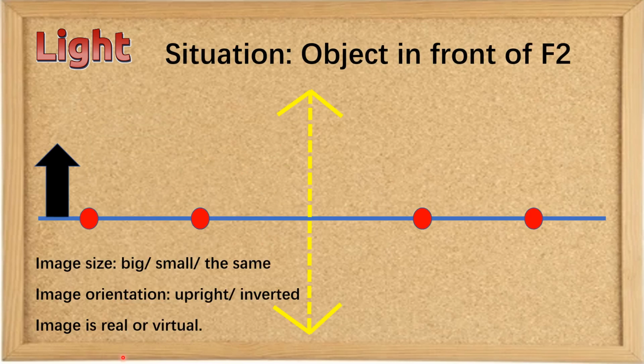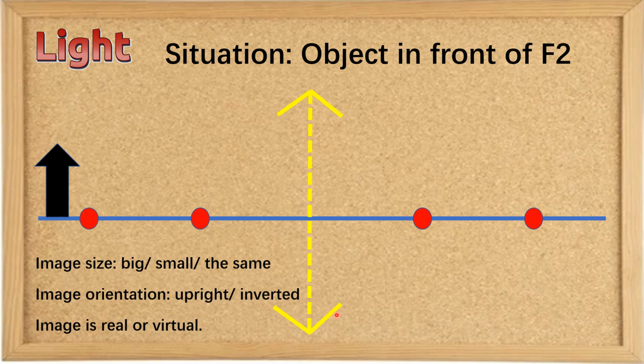Now, in making your diagram for your convex lens, you don't have to draw your convex lens, but you're going to make a representation. So please take note of the lines here. This is your principal axis, and this is the symbol that will tell you that you are using your convex lens.